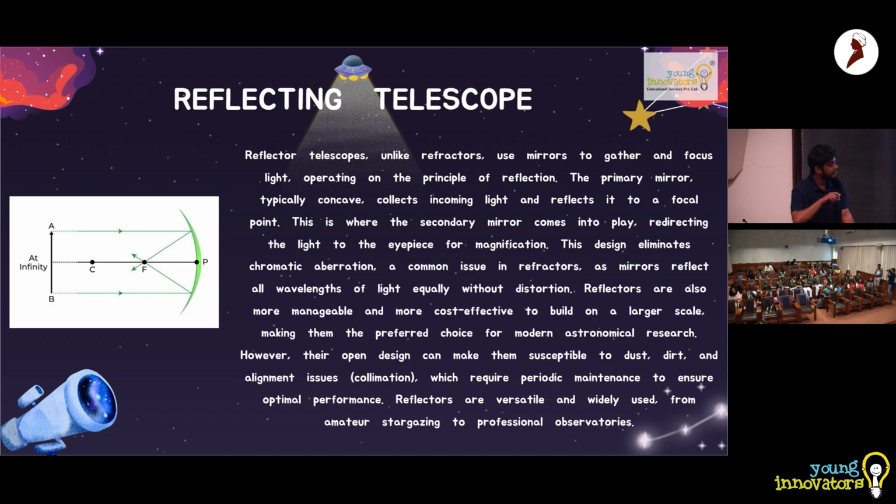Same thing here, and where does it reach? What is point F? Focus, right? Same as in the lens, you also have a focal point. Now, such a concave mirror basically makes the object appear larger than it actually is.